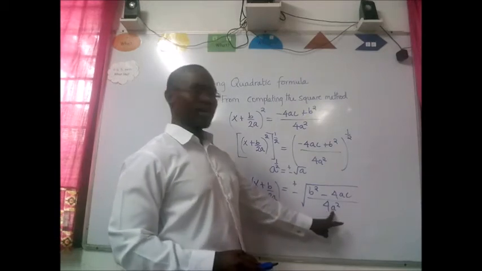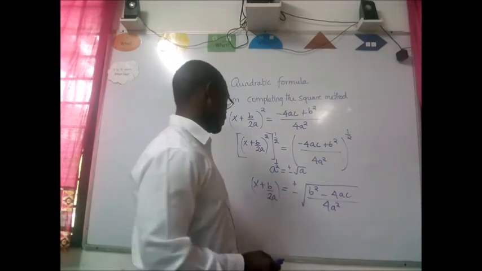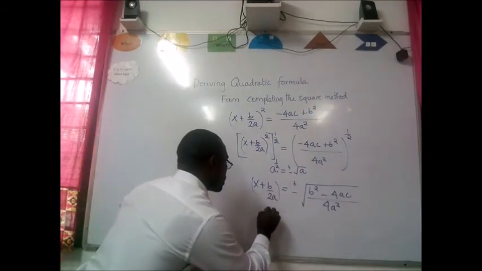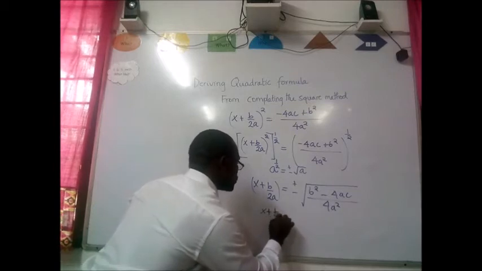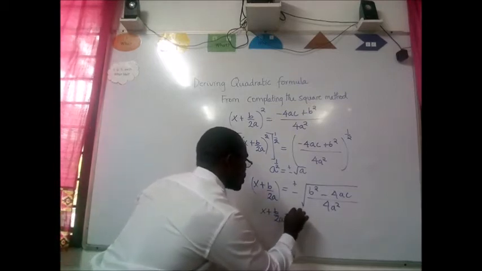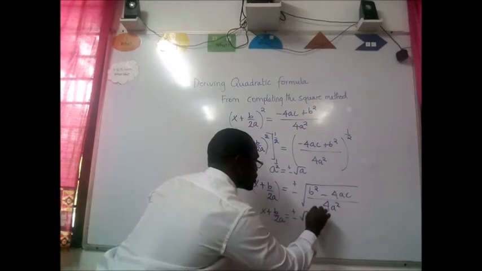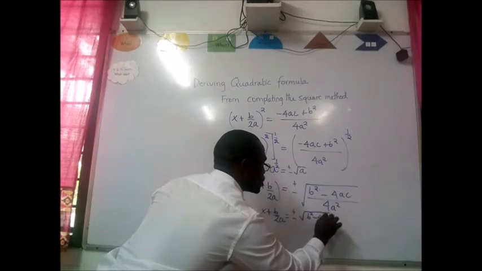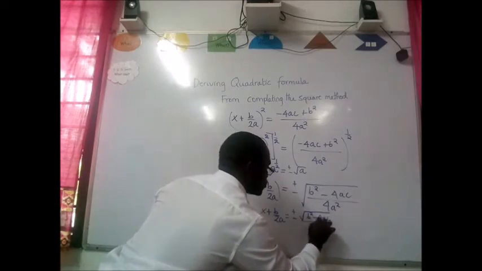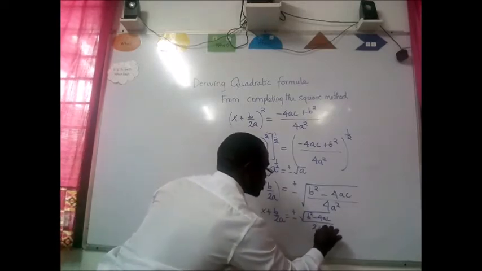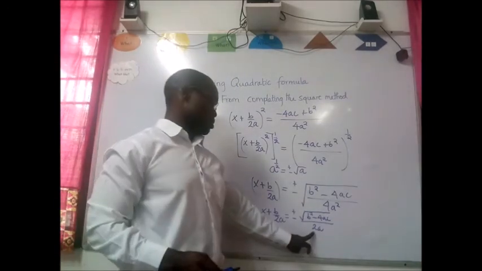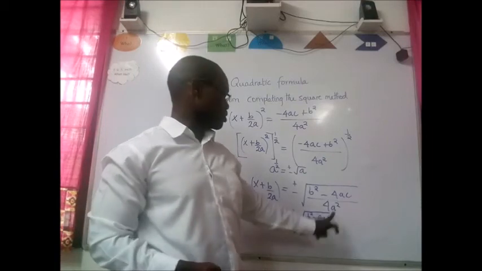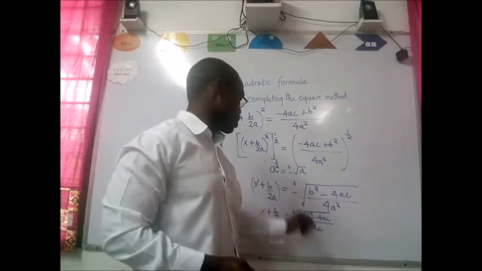The square root of a squared is a. So I rewrite this. I say x plus b over 2a is equal to plus or minus the square root of b squared minus 4ac over, now we got 2a. Because as I said earlier, the square root of 4 is 2, and the square root of a squared is a.